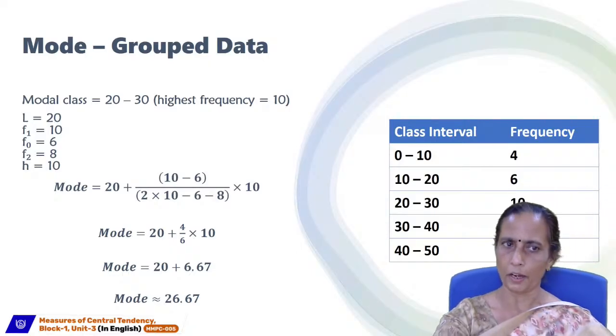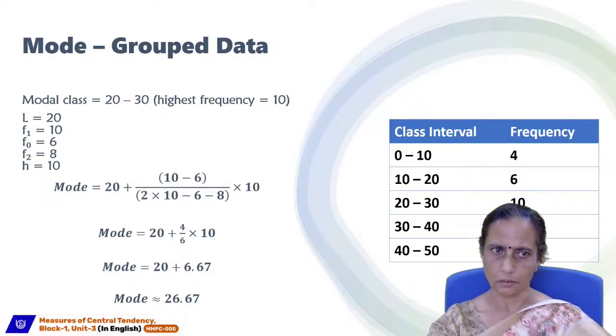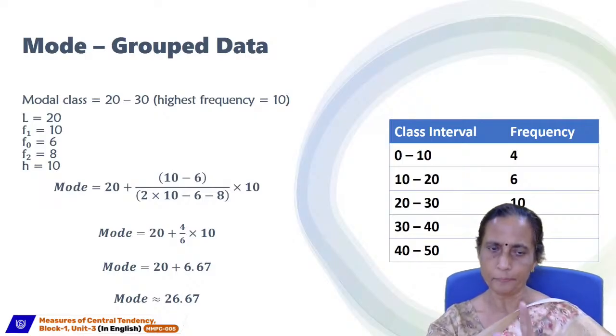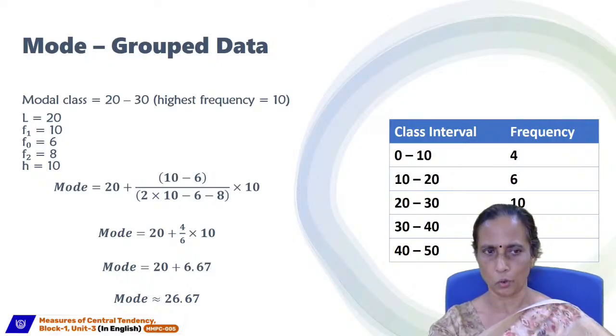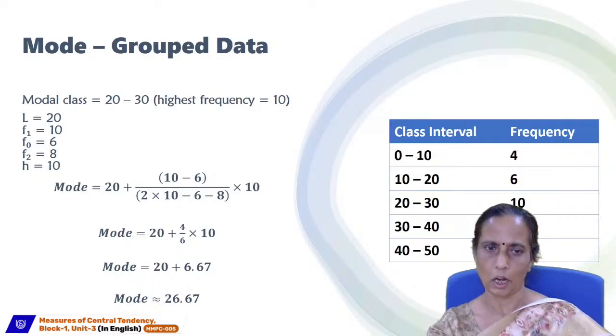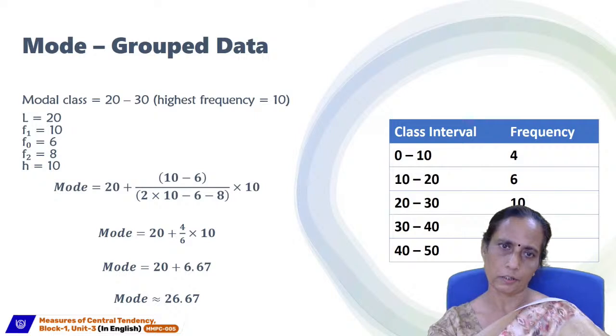So our mode will be 20 plus (F1 minus F0) which is 10 minus 6, divided by 2 into F1, 10, minus F0, 6, minus F2, 8, and into the class width, the width of the class interval.